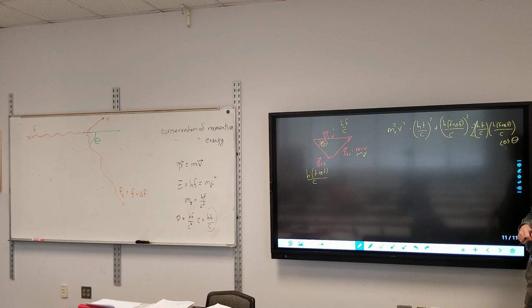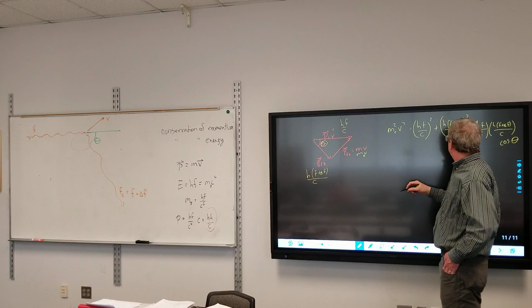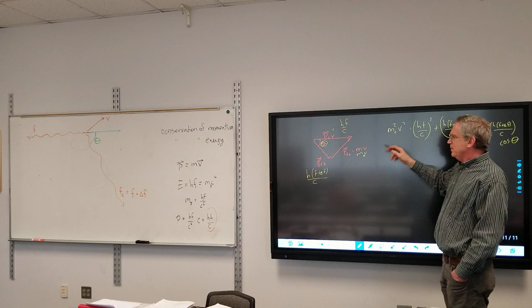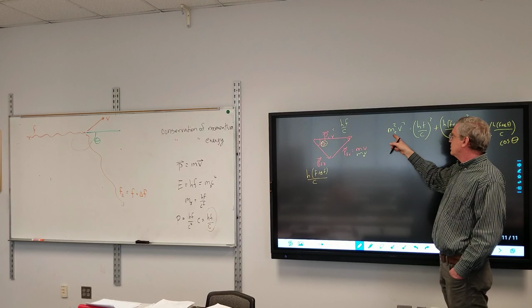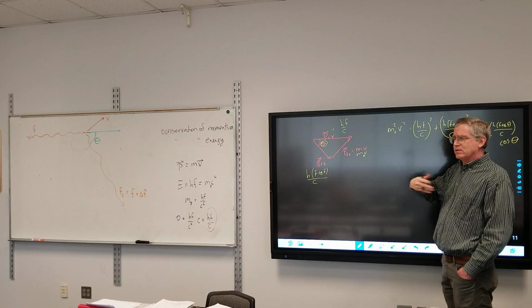All right, let's just expand that and see if we can get it down to a simplified form. At this point, when I write m, I know I used m for the photon earlier, but from now on, m is just the mass of the electron.